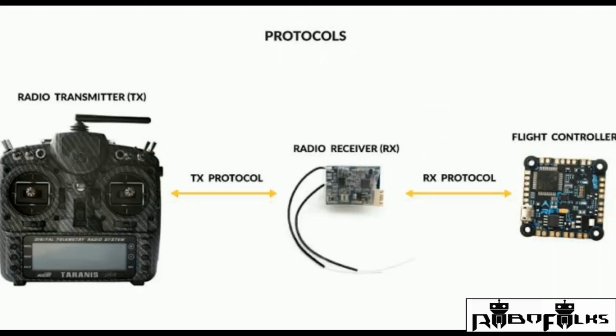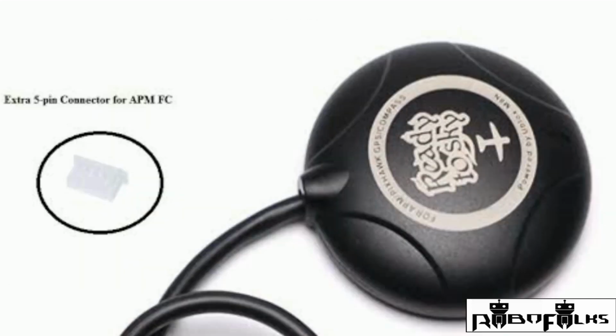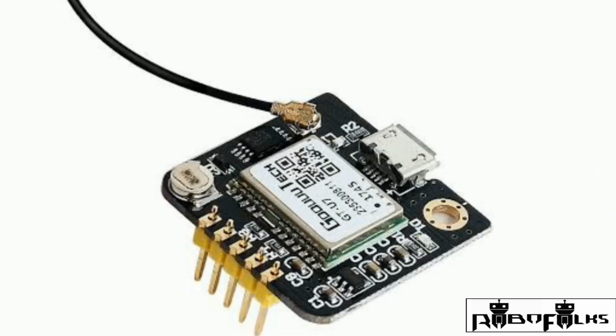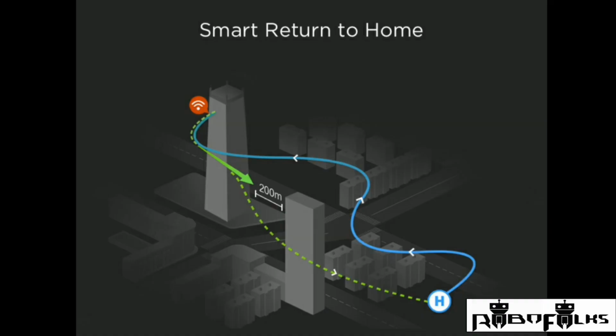GPS module. The GPS module provides navigational data, longitude, latitude, and elevation, to the controller. This module assists the controller in recognizing the path taken and safely returning to the initial point in case of lost connection.